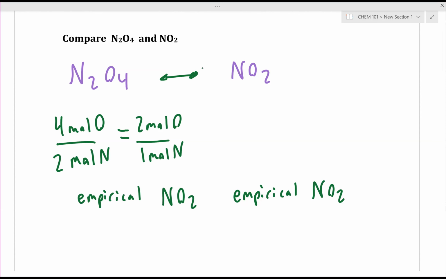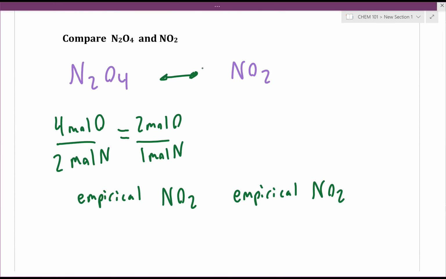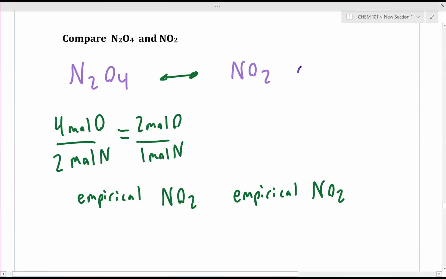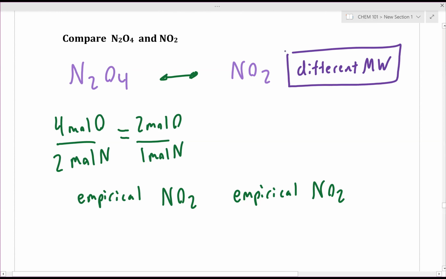What's different about them? Molecular weight. Exactly right. To distinguish two species with the same empirical formula, these two species will have different molecular weights. And that's our key to get us out of this conundrum. So that's why often 2 experiments need to be done to definitively assign the formula of a compound.